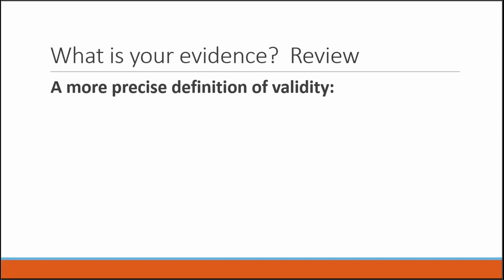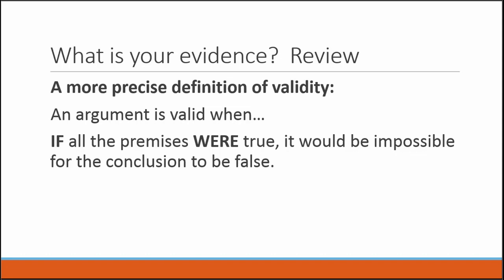So here's the precise definition of validity. You should know it. An argument is valid when, if all the premises were true, it would be impossible for the conclusion to be false.